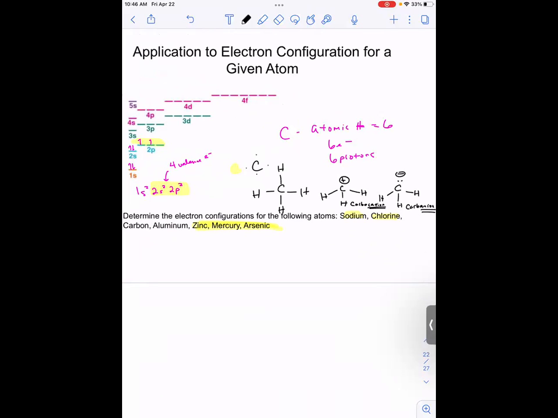And that's why organic is such a huge sub-discipline of chemistry, because carbon is just a phenomenal atom. It can do everything. If you think about your own body, most of our body is carbon based, right?